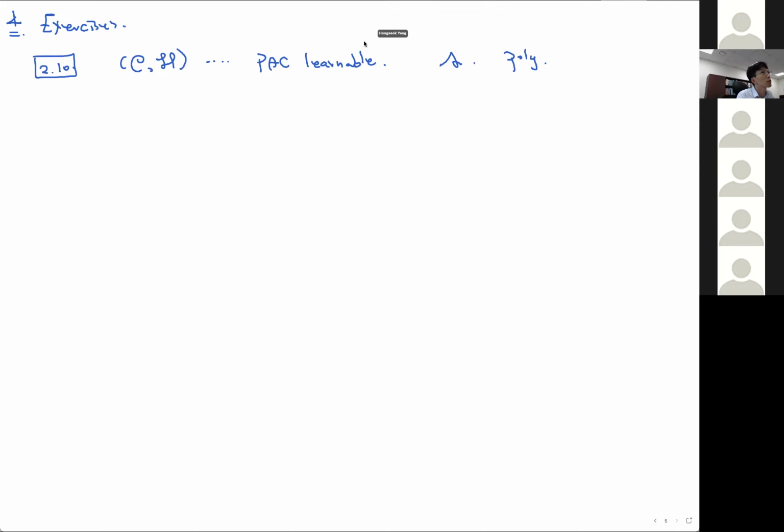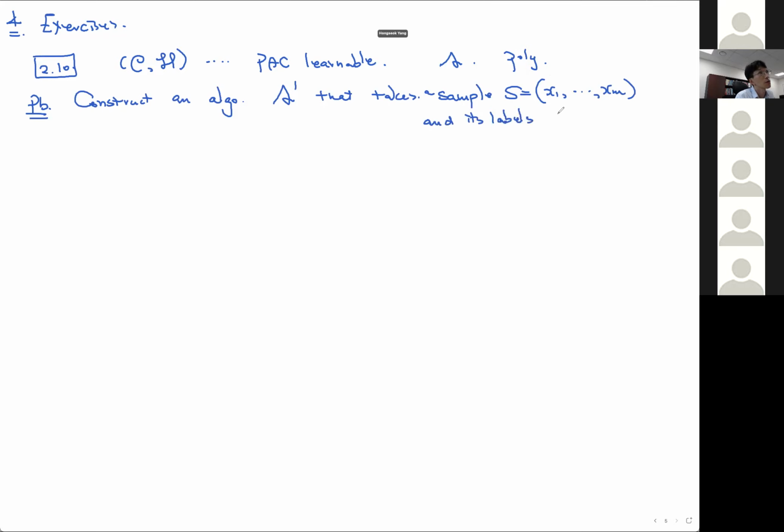So what's the problem? The problem is to construct an algorithm A prime that takes a sample S, which is x1 and so on, xm, and its labels, which are y1 to ym, such that each of the yi is computed by some hidden concept in C, which we don't know.